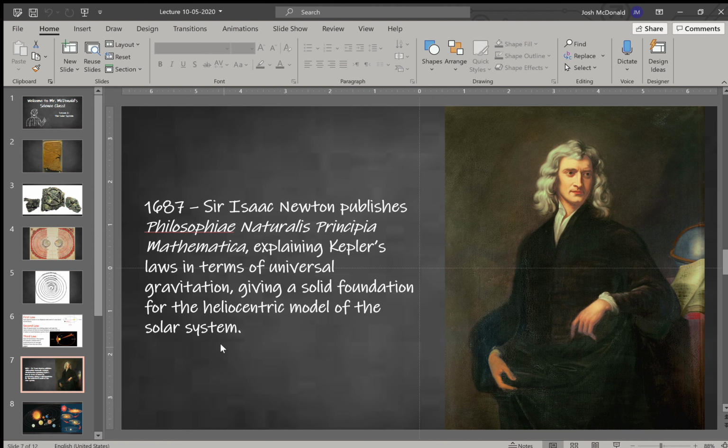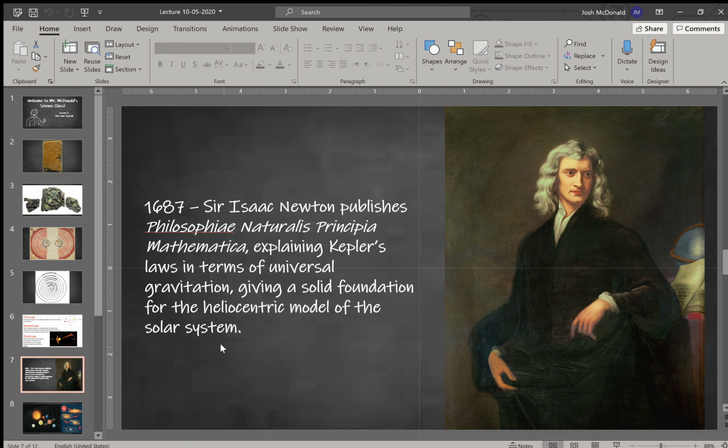And he laid this foundation for the heliocentric model of the solar system. Guys like Copernicus and Galileo, at that time, this thinking was radical, and they were condemned for this belief. People said this goes against our understanding of science and of religion, and so they were deemed as unscientific and heretics and all of this.